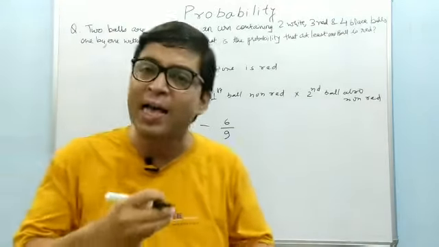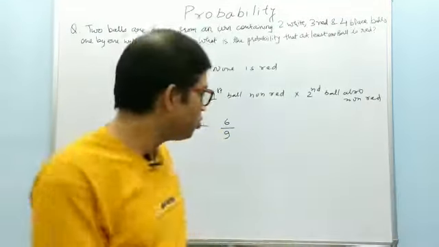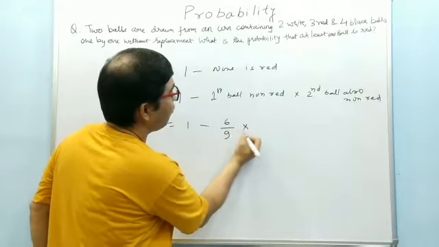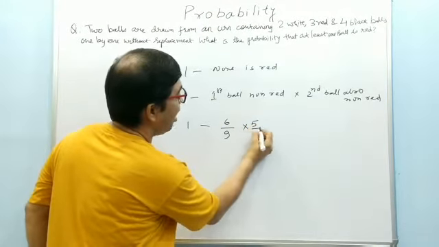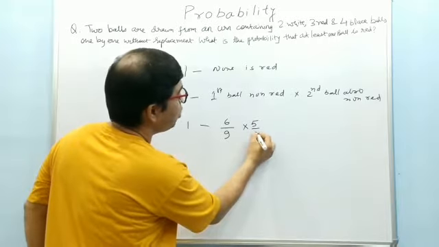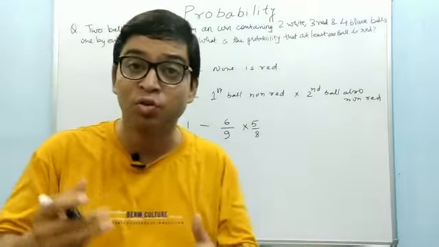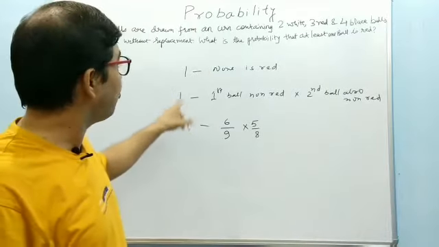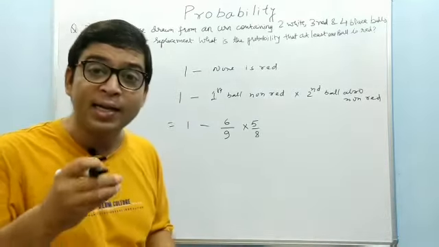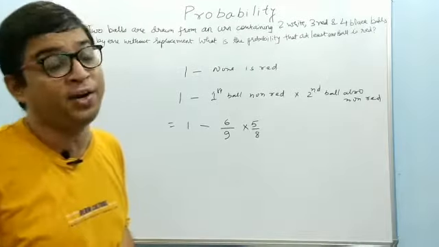Now one ball has been drawn and thrown. So we are left with 5 non-red, out of which total balls are 8 now because one ball has been thrown. So that is the probability of at least one is red.